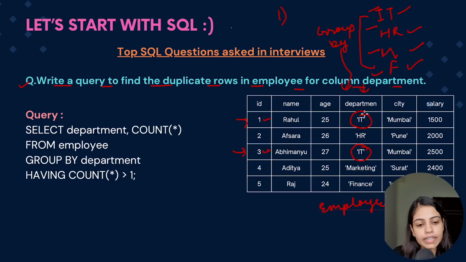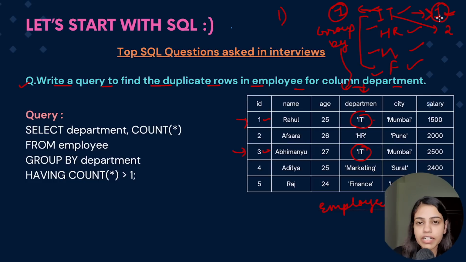Now we need to find whether these groups have a count greater than 1. If they have a count greater than 1, it means that there are some duplicate values present. If the IT department has a count of 1, it is only present one time. If the IT department has a count of 2, it is getting duplicated, and that is what we have to find, the duplicate rows. So wherever count is greater than 1, we can say that there is a duplicacy.